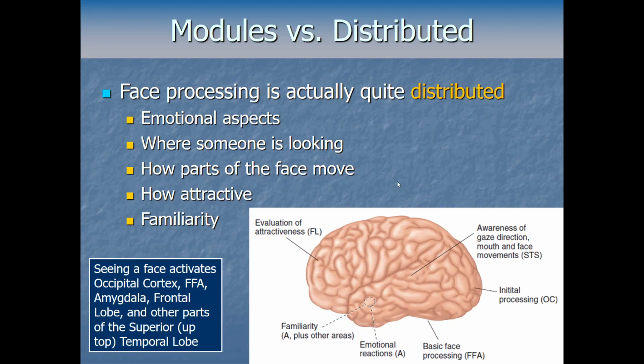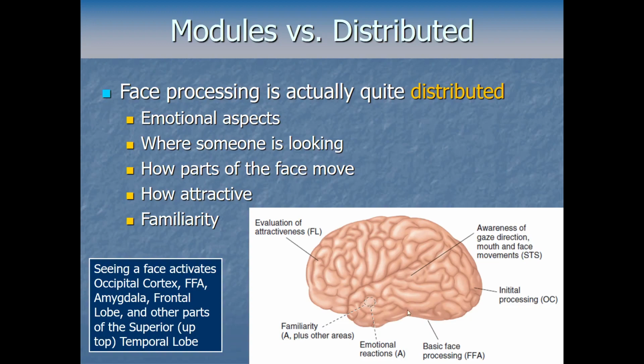So for example, we process the emotional aspects of the face, and that happens with activity going off. When we look at a face, there is often activity in the amygdala, which they've shown with an A here. So we get emotional reactions like recognizing, that's my mom's face, that's a loved one, that's my spouse or something like that, or that's someone I hate, right? You might have a negative emotional reaction to a certain face, but that happens when we see faces.